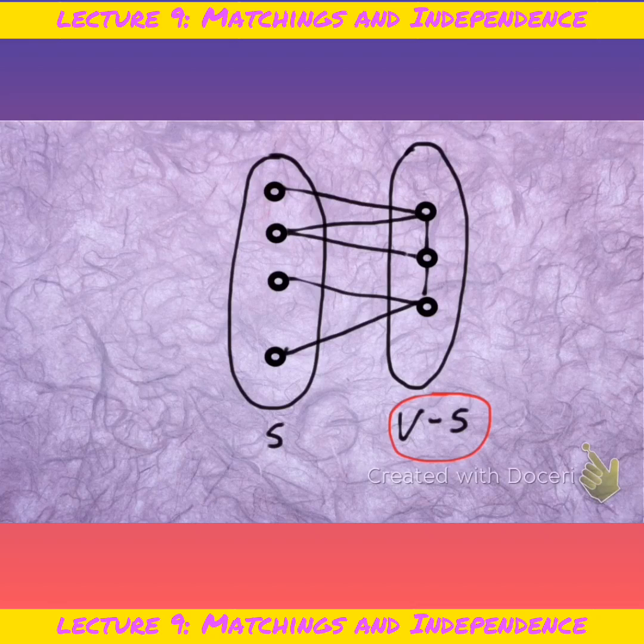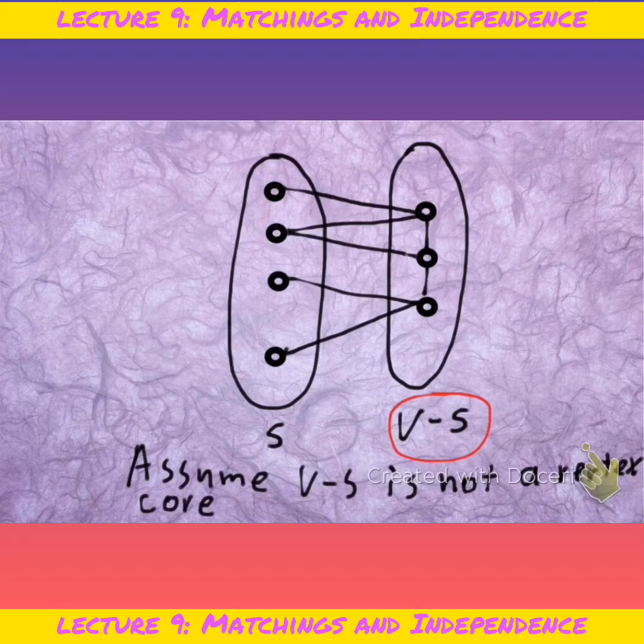Okay, now how do we see that? Well, let's assume V minus S is not a vertex cover. Now, what does this mean?